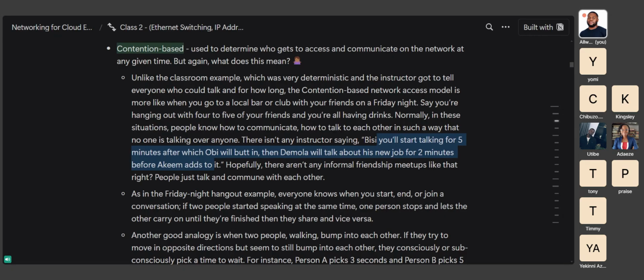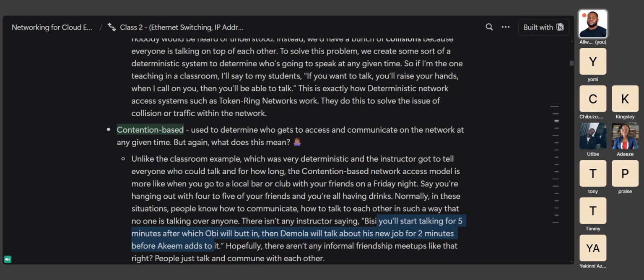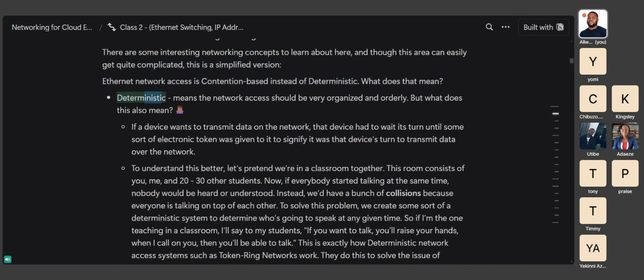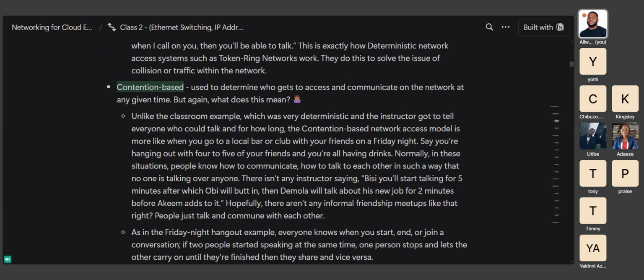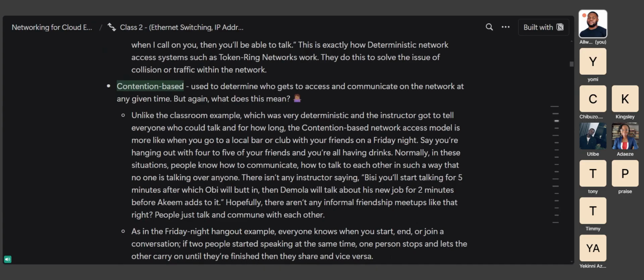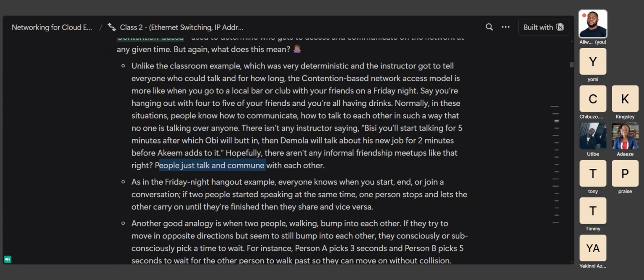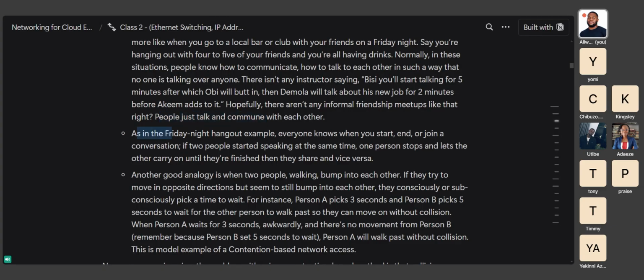There isn't usually anything like that. But this is exactly how the deterministic network access model works. But in contention based, there's nothing like that. So what actually happens is that people just talk and commune with each other, right? So as in the Friday night hangout example, everyone knows when to start, end, or join a conversation.